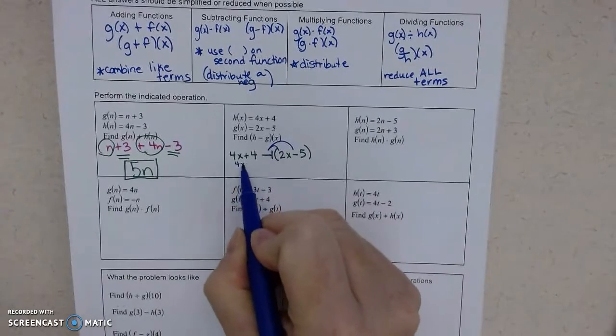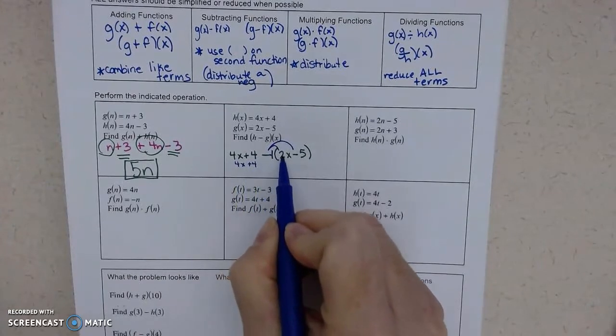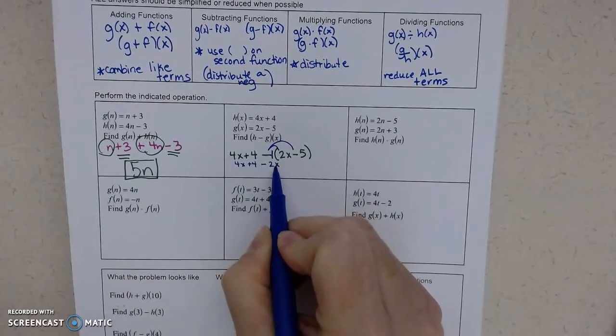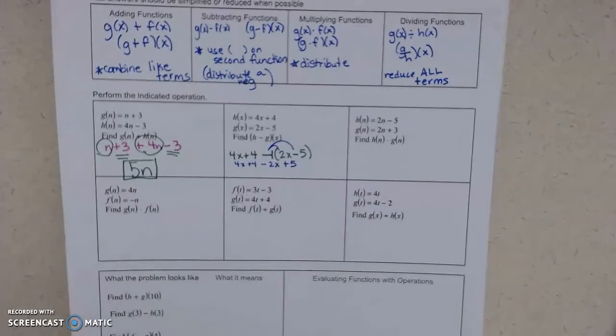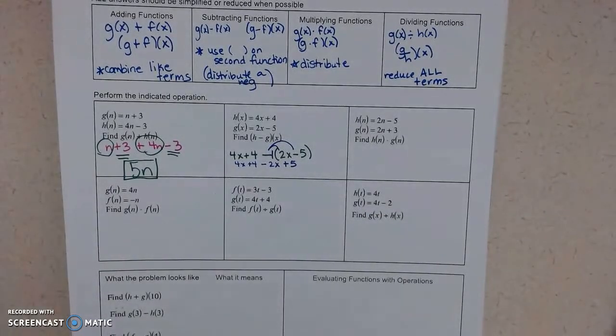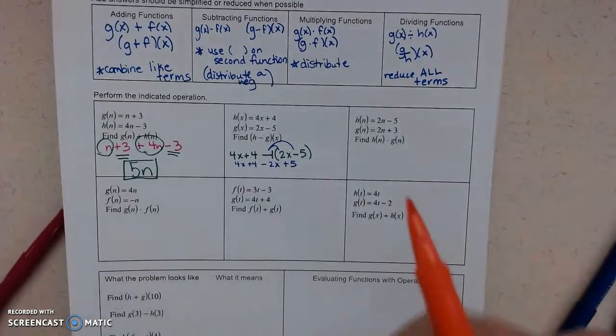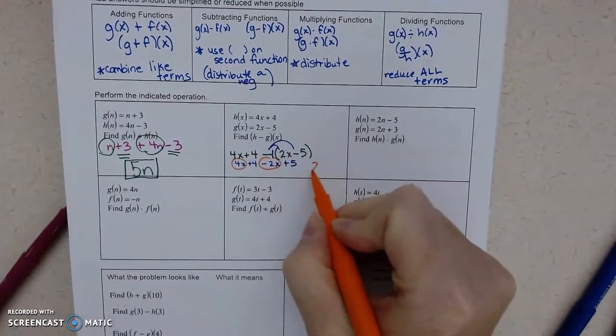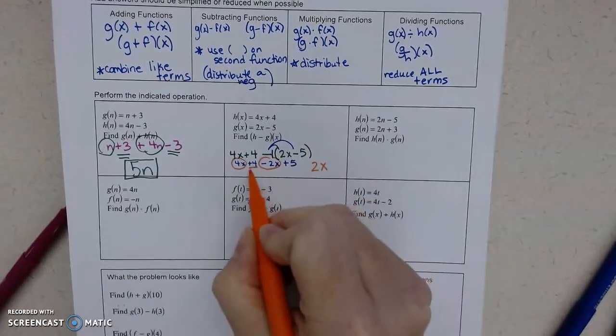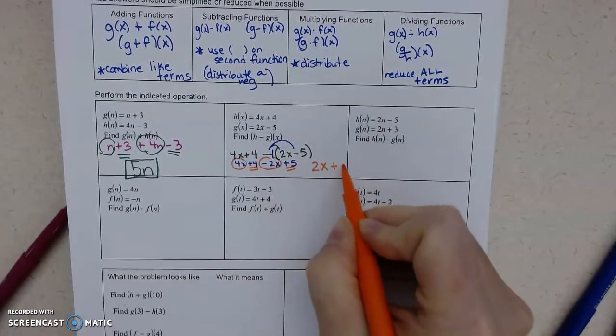So 4x plus 4, -1 times 2, and then -1 times -5. This is the term that's missed the most with the sign. So combine like terms. We've got 4x minus 2x, which is 2x, and then 4 plus 5.